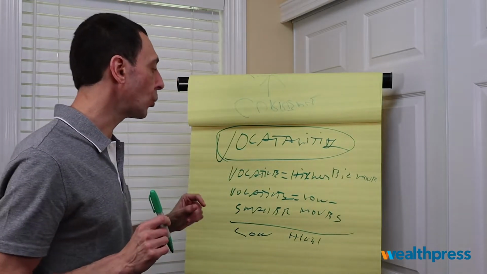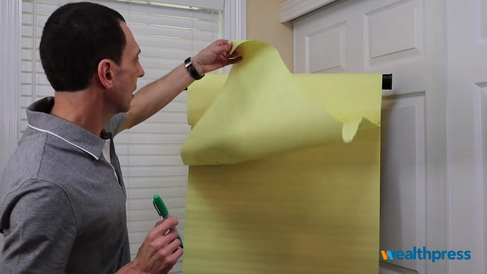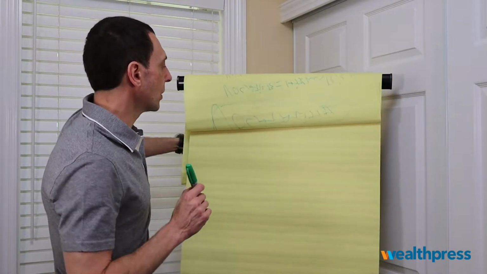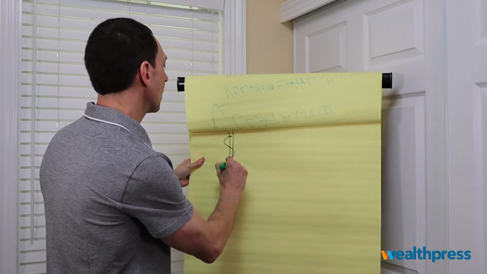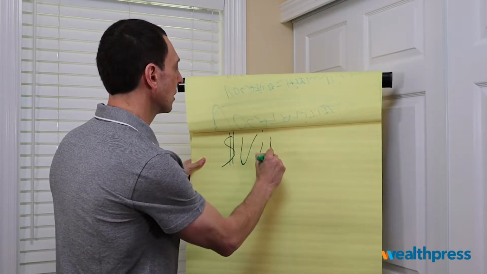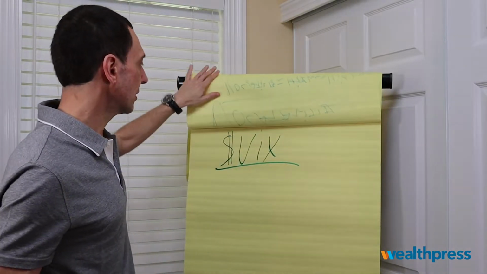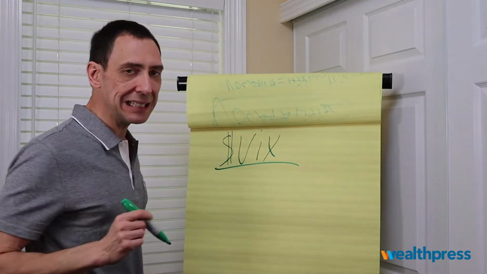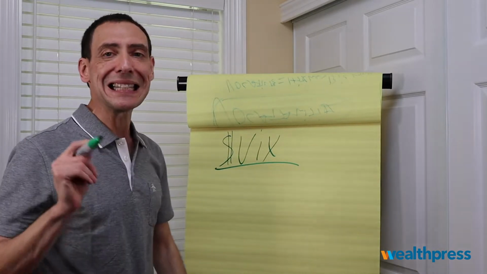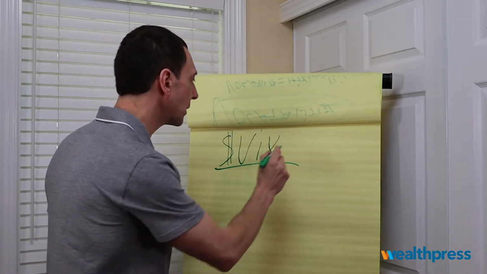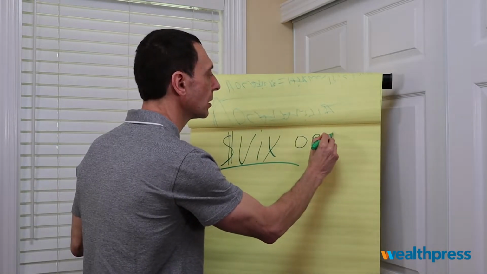So what we do is we look at what is called the VIX. The VIX is an index, and this index tracks the S&P 500 options.